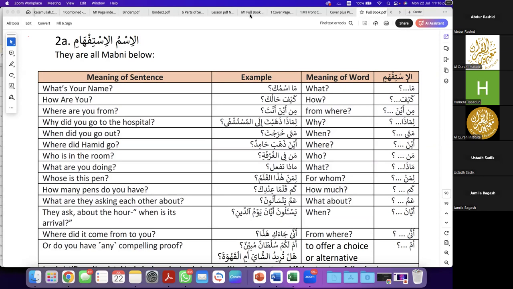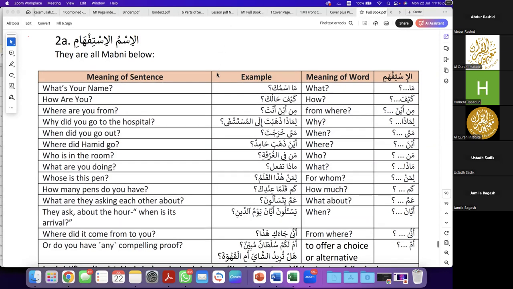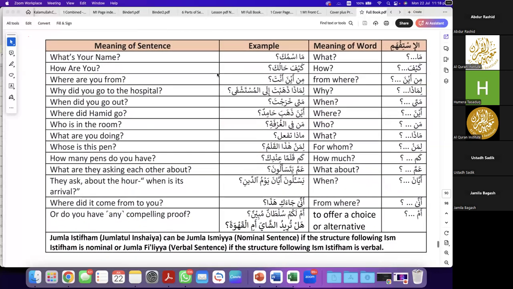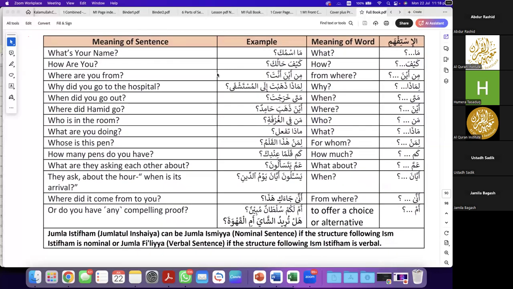It'll never be mi or mu. It'll always be ma. And this applies to all the Istifham in this category. Due to time, you can go through the examples in your own time, inshallah.